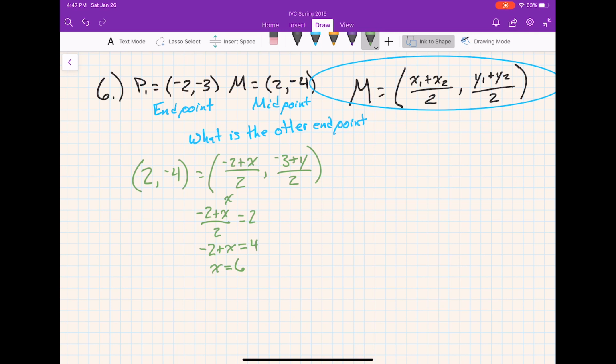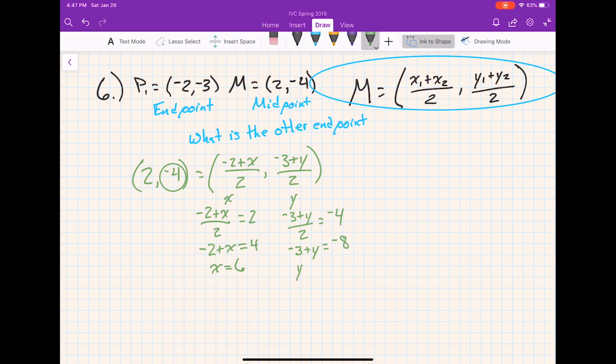So this was how to find our x, this column. For our y, we've got -3 plus y all over 2, and that's going to equal -4. That came from over here. From there, we just simplify. We'll multiply both sides by 2, which gives -8, and then add 3 to both sides.